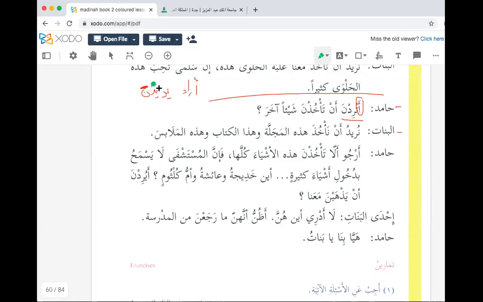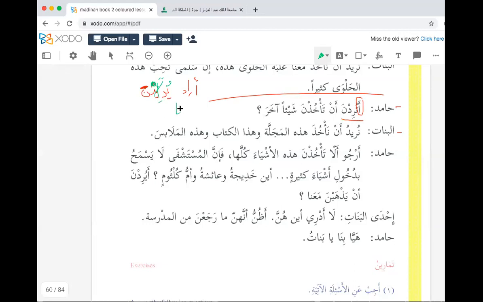And now you have 2 sukoons together. So this first ya will get removed and they will suffice with the kasra on the ra, and therefore the word becomes yuridna. And then mukhatabat turidna, antunna turidna.